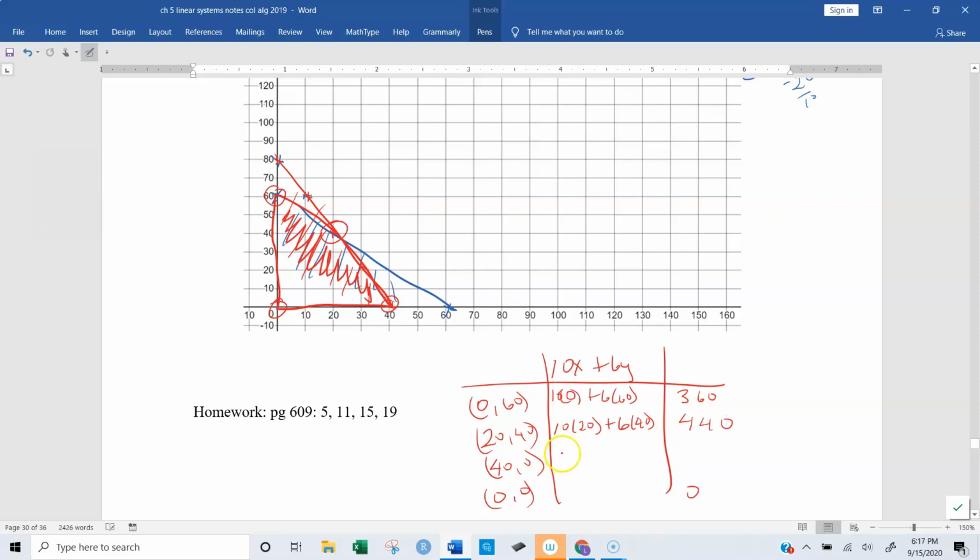Plug in 40 for my x and 0 for my y, and we get 400. Now when we look at this, that means the maximum number of people I can help is 440, and the minimum, of course, is 0. All right, I hope you did a good job. Good luck on your homework, and then we're on to review.